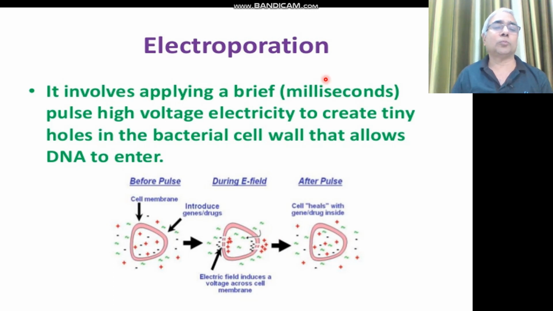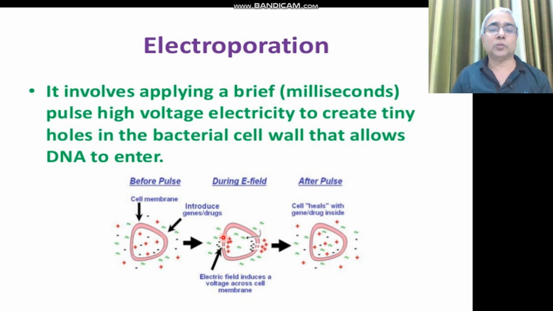In this electroporation process, first of all, a very high voltage electricity is created for a very brief time, in milliseconds. Once this high electricity is created, then the pores develop in the outermost wall of the bacteria.